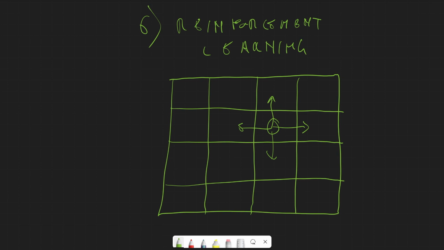Now, typical flow in reinforcement learning is that you have an agent, our piece in this case, you have an environment, the chessboard, you have a series of actions, and then the agent can perform at every time step an action, and this action will generate a reward, and it will bring the agent to a new state.